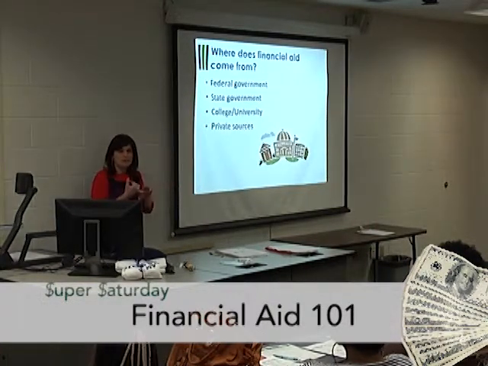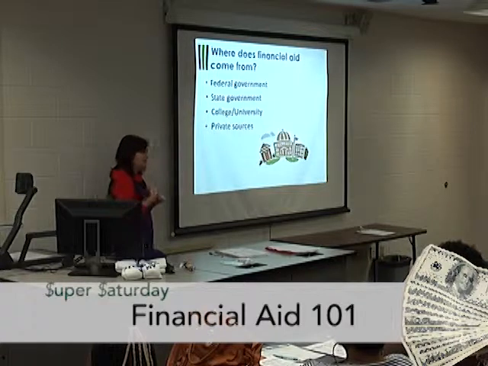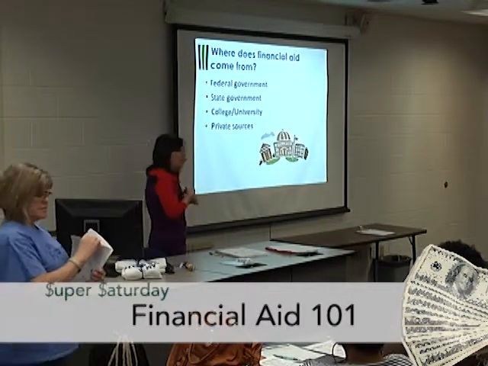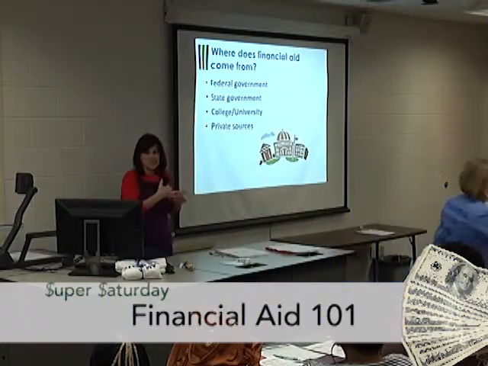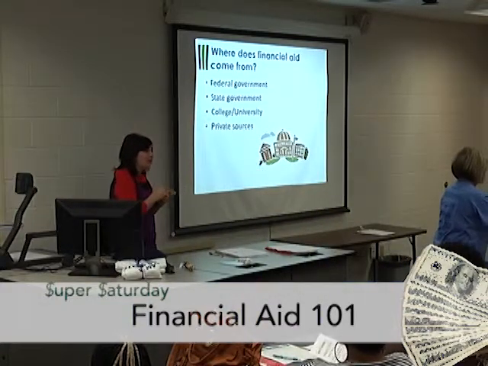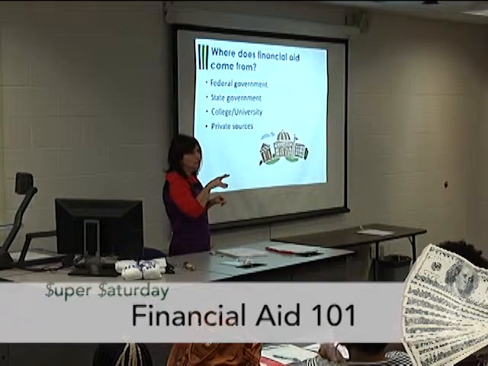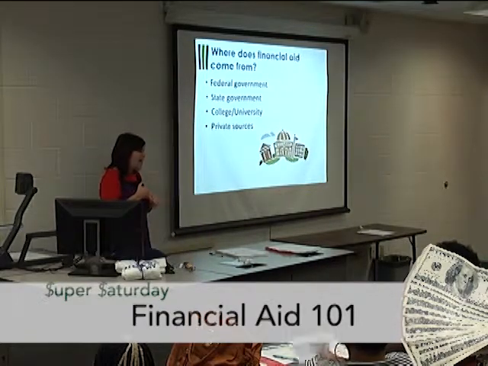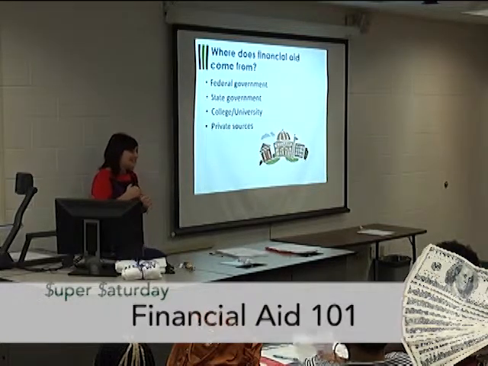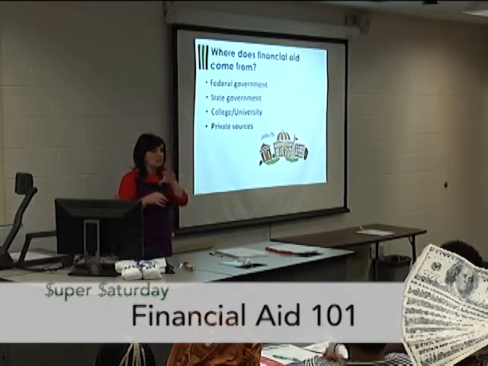Financial aid comes from the federal government. That is Pell Grants. Those are Stafford loans, which most of our students get. State government: there are 2 grant aid programs from the state called VGAP and VTAG. One is for private schools, one is for public schools.